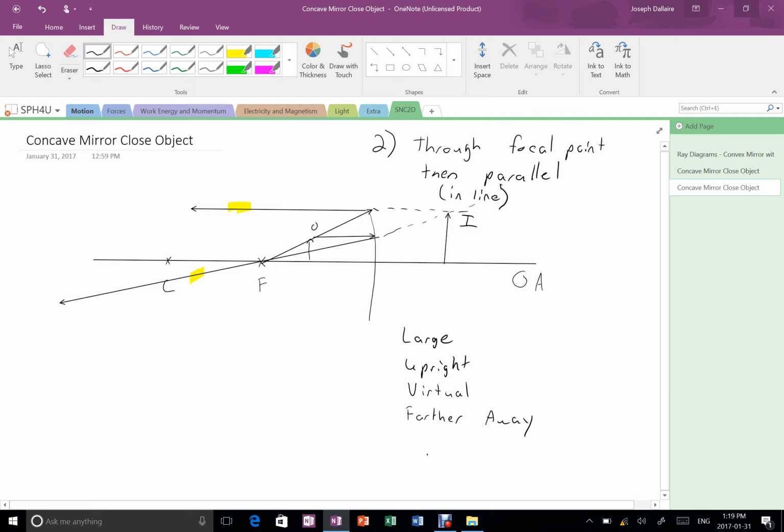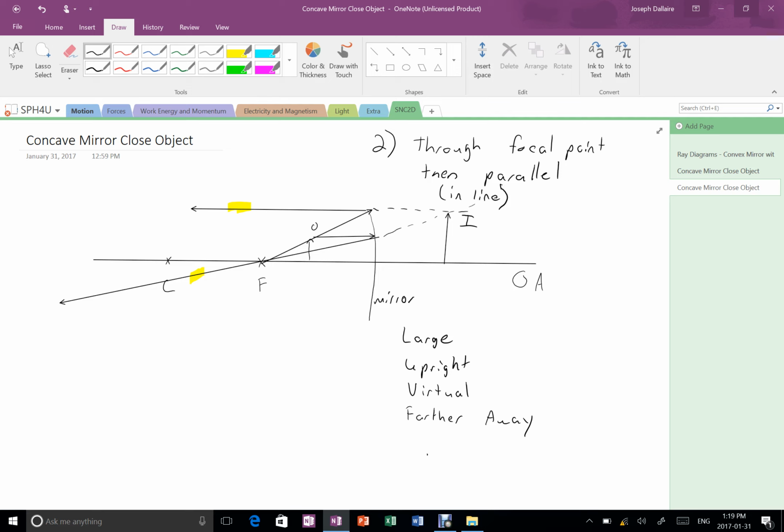Sometimes a virtual image is defined as an image that could not be projected on a screen. And if we imagine putting a screen back in this location, because this is a mirror, we could not project this image on that screen because there's no real light there.